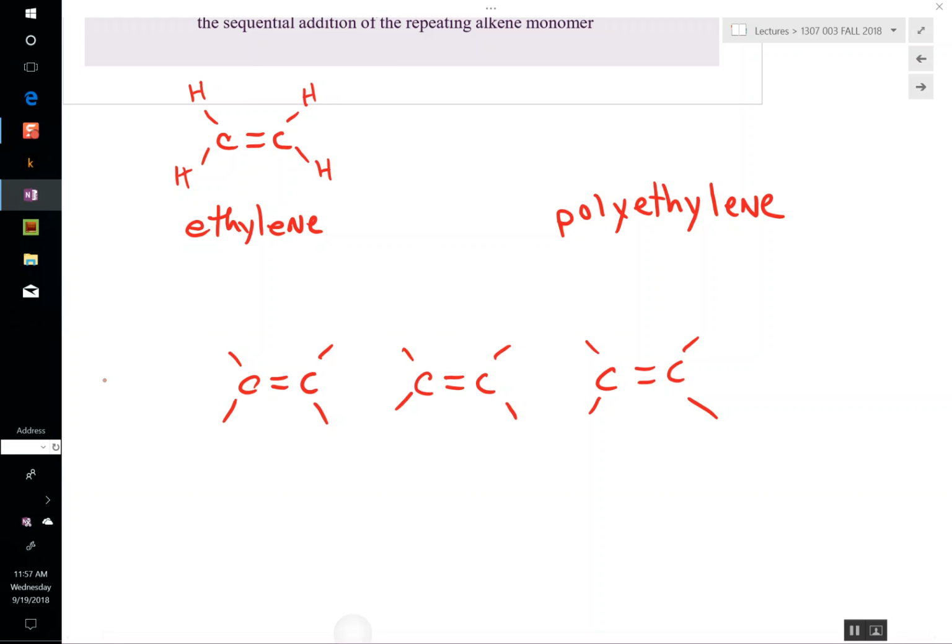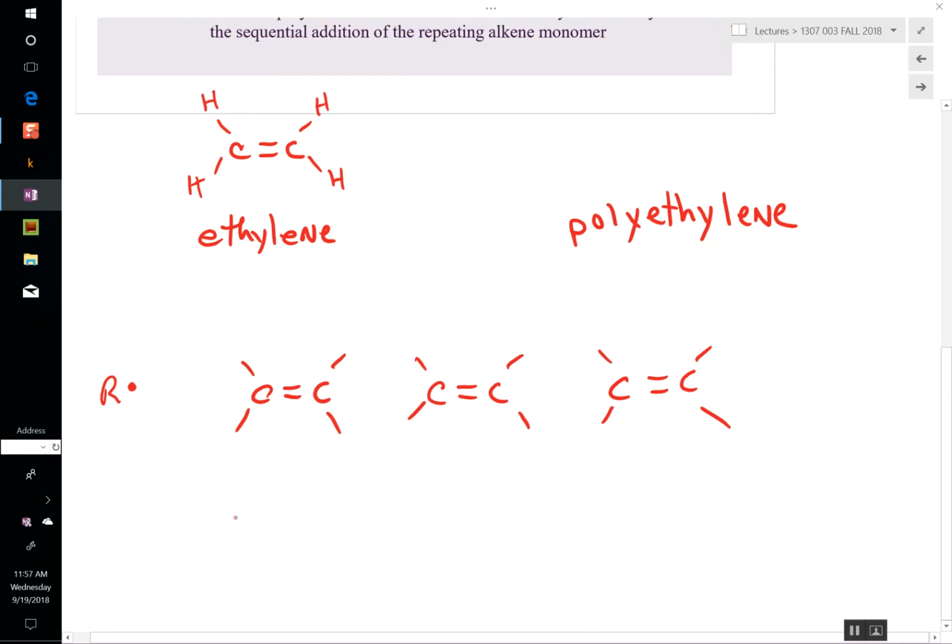All right, so they get an initiator over here of some sort, a very reactive species, and it comes plowing into here, and it makes this.